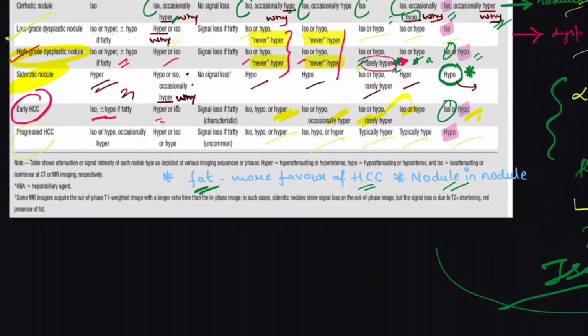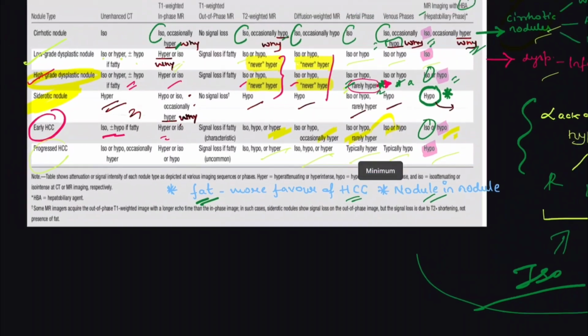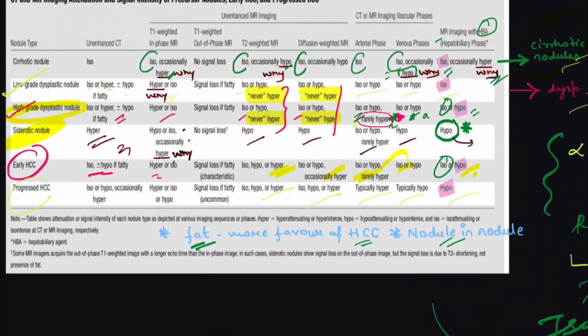This is nodule in nodule architecture, and it raises the concern for HCC. So I think you can remember the usual findings, because exceptions are always there.